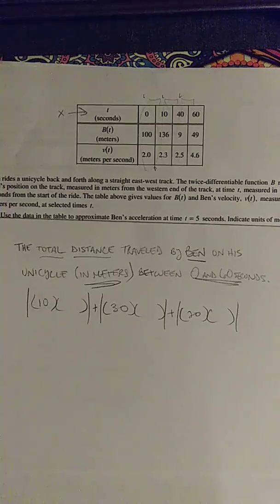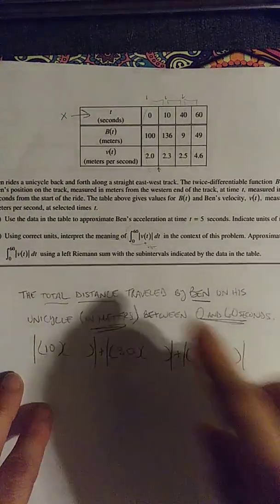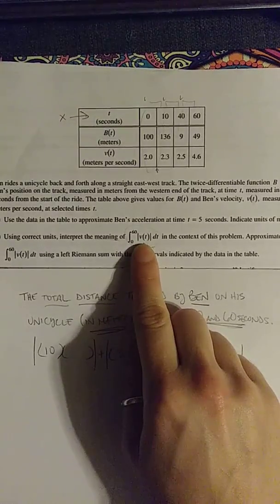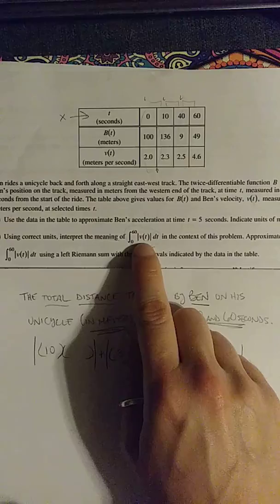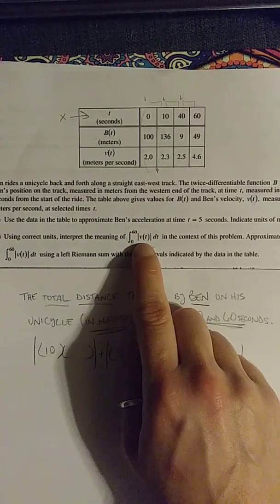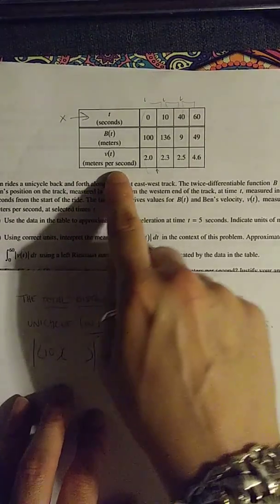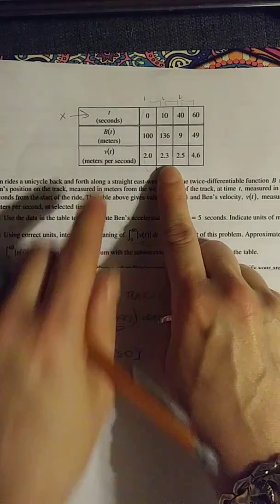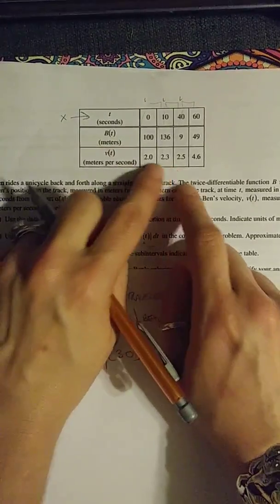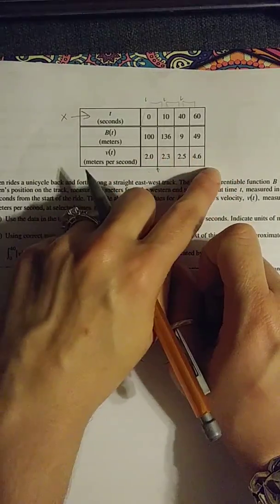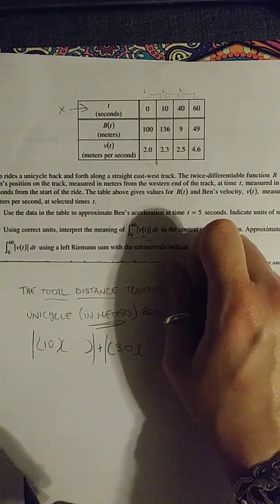Now to find the height, what's important here is they've asked us to find the integral of v of t using these sums. So v of t is where we're going to find the height of each one of our rectangles. V of t is on the bottom. Don't be misled and think that it comes from meters because our final answer will be in meters. We are finding the area of the velocity and that will give us the total meters.